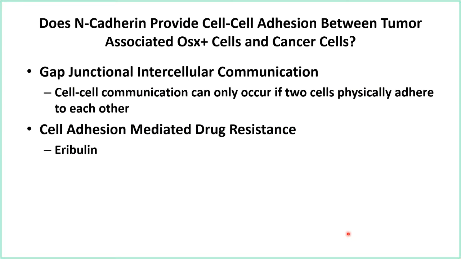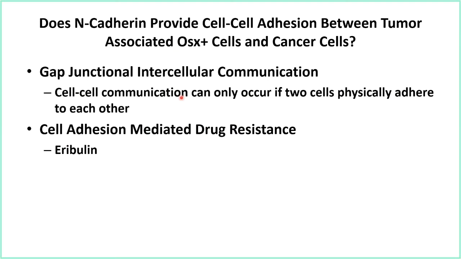To determine whether it's cell-cell adhesion, we used two approaches that require adhesion. One is to look at gap junction intercellular communication. Gap junction communication allows diffusion of ions, small solutes and second messengers between cells directly through transcellular channels, and those channels can form only if two cells are physically in contact with each other.